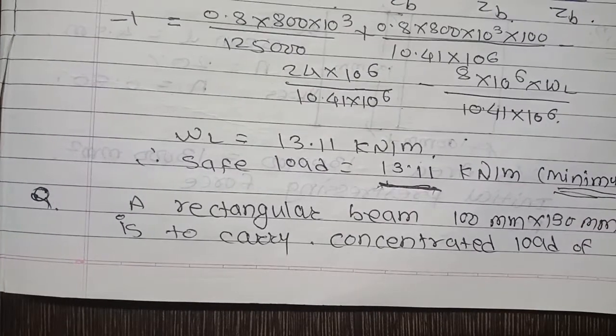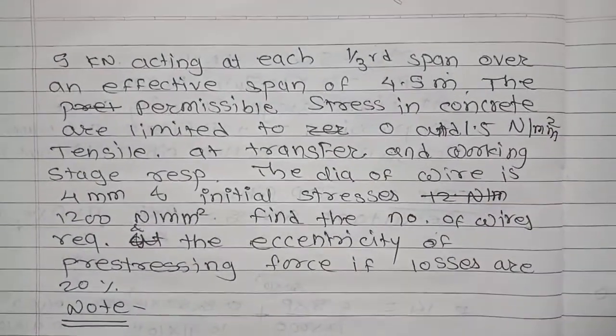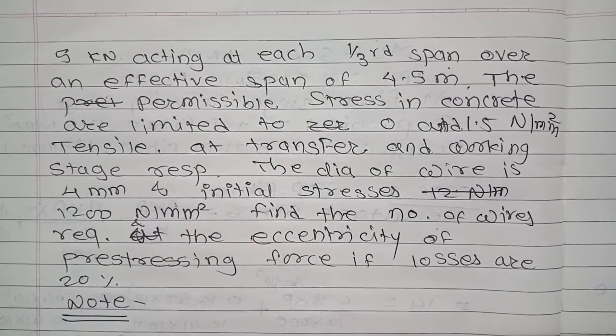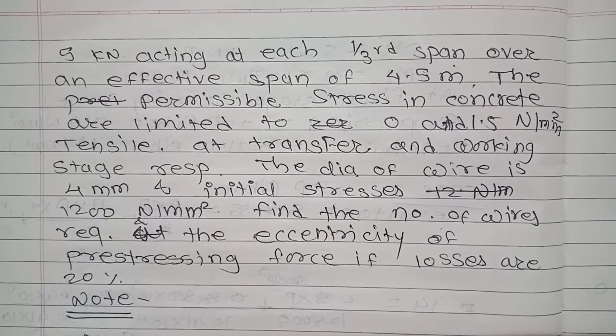First of all, read the example carefully. A rectangular beam of 100 mm by 130 mm is to carry a concentrated load of 5 kilonewton acting at each 1/3 span over an effective span of 4.5 meter.